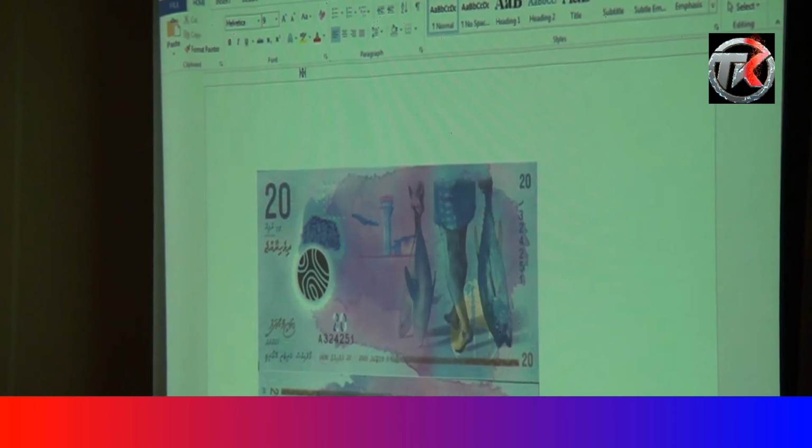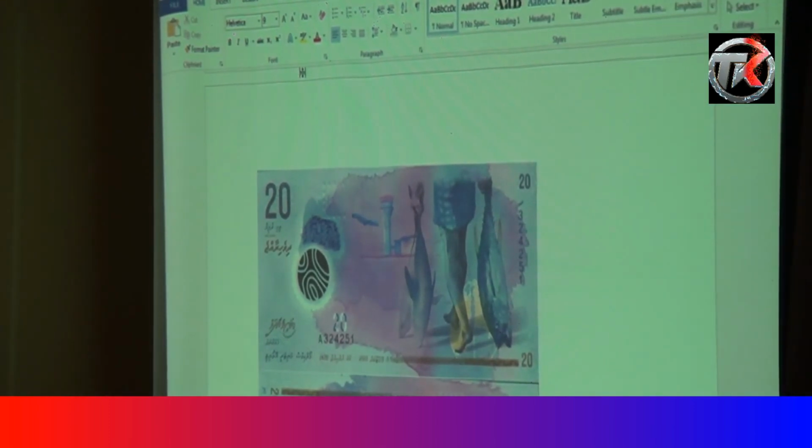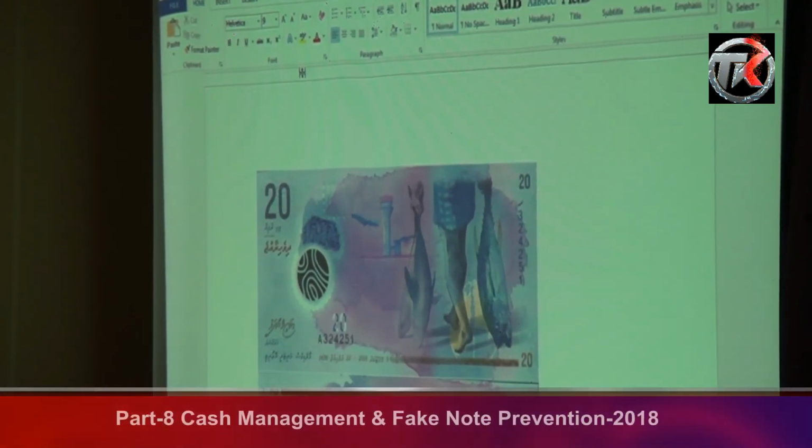I have seen it as the only currency with this criteria. There are other currencies that print horizontally. There are some Chinese banknotes that print horizontally, and there are other currencies also. But one side horizontal, one side vertical is only in Maldives.